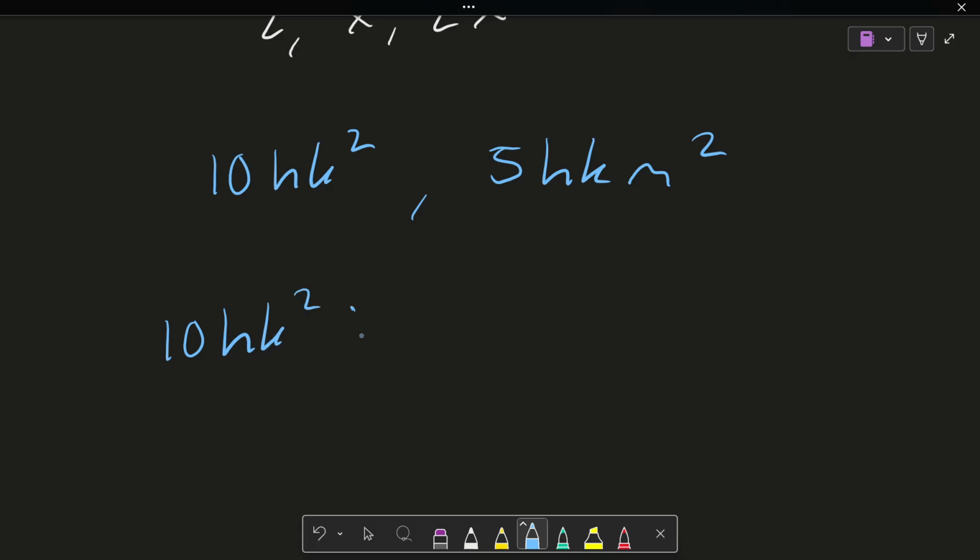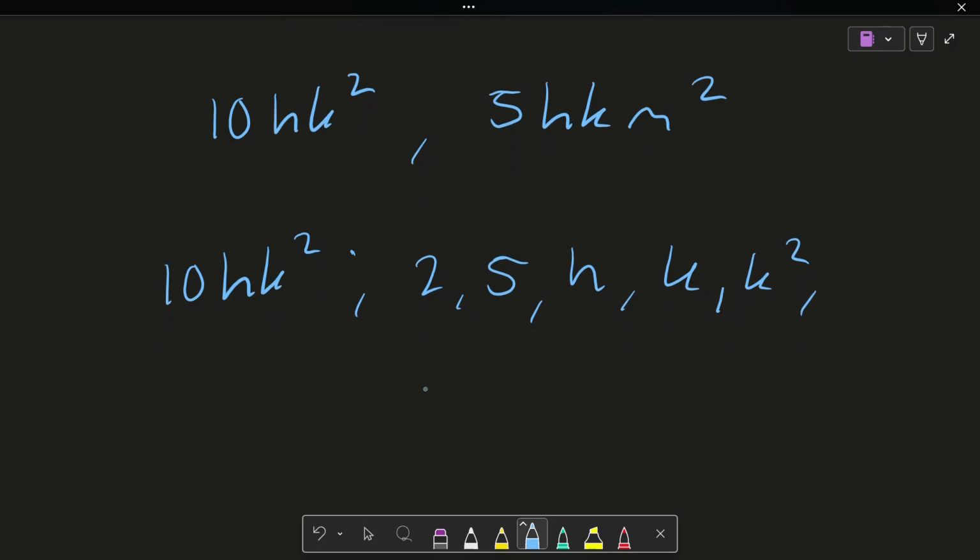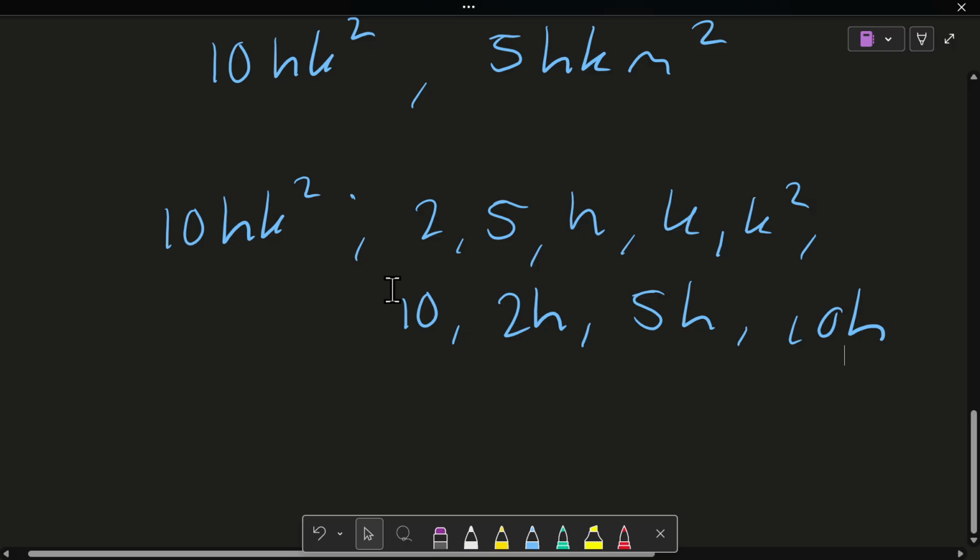So basically their factors are 2, 5, h, k, and k square. And then 10, and then 2h, 5h, and 10h.